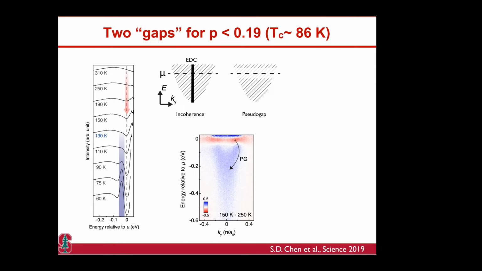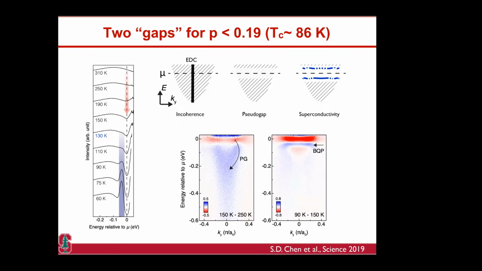On the other hand, if you look at the difference at the lower energy, between slightly above TC and 90 Kelvin, you find that the changes mostly happen in the regime near the Fermi level, the regime of the superconducting gap.